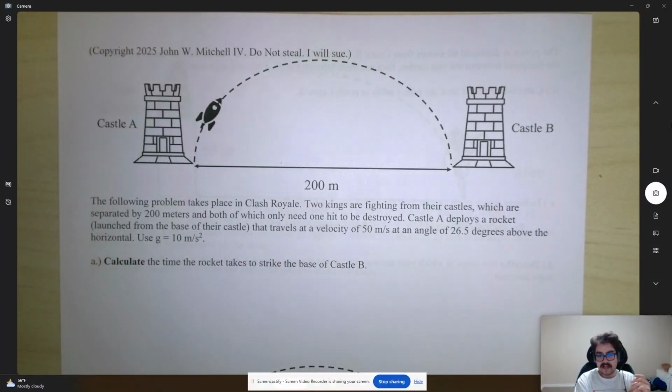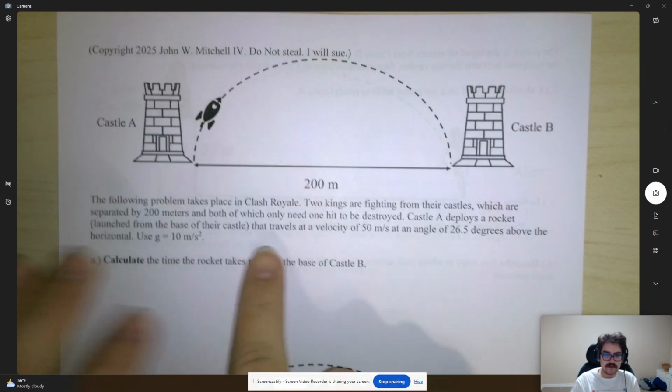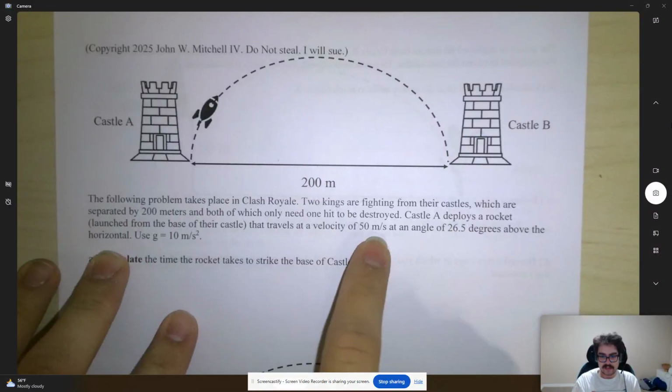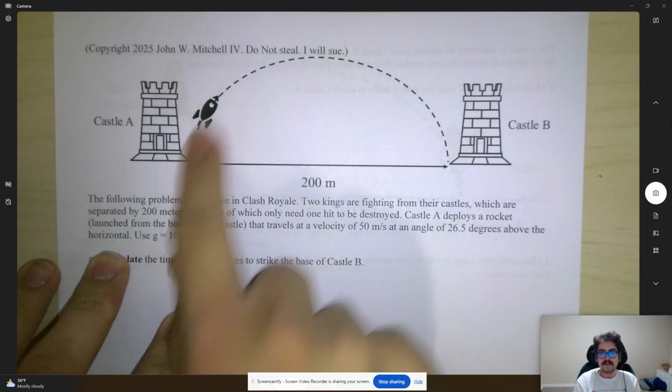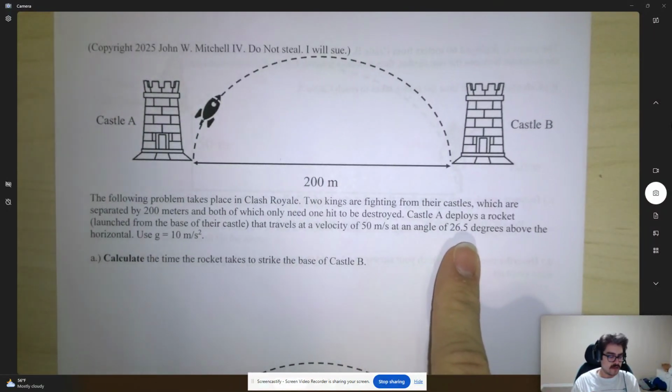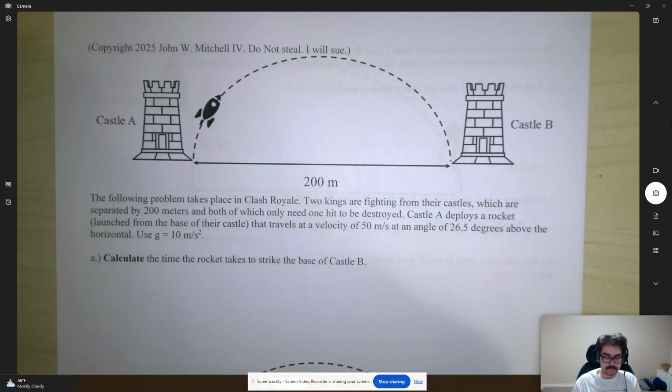This does not really, if I remember correctly, I don't think this one actually requires the use of the range equation. Okay? Because if you know the horizontal distance and you know the initial velocity, then you can solve it. Now, the reason why the angle here is really weird is because I used the range equation to write the problem.